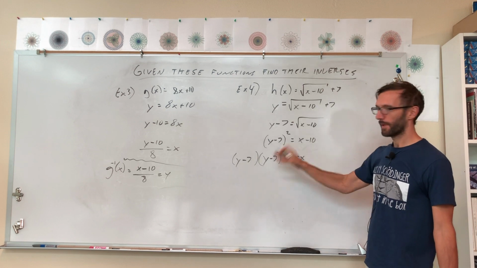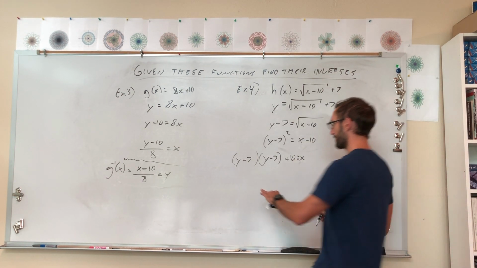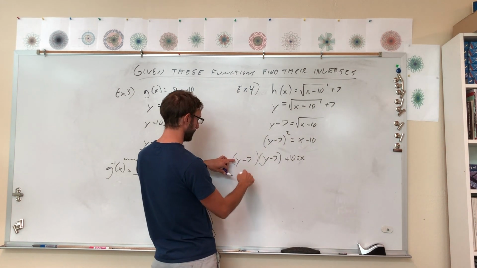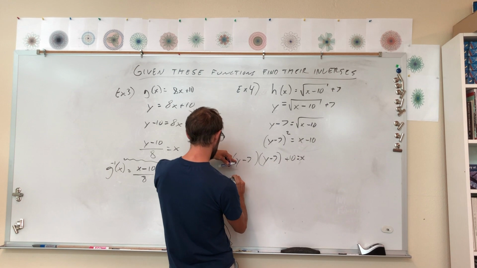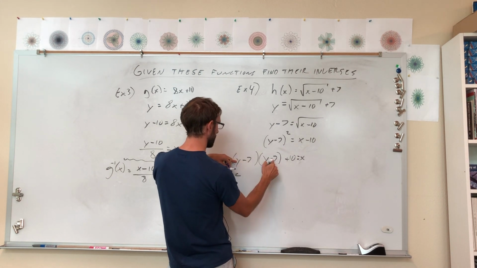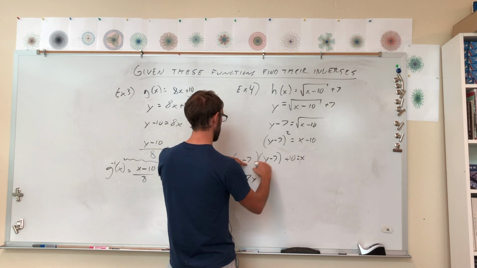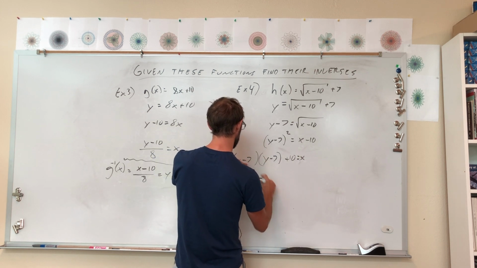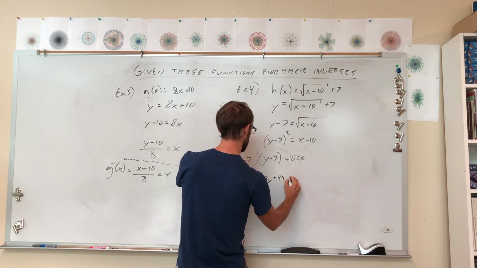That's what we want. But let's go ahead and multiply these out. I'm going to multiply these together, multiply each term in the binomial by the other term. So y times y is y squared, y times negative 7 is negative 7y. Negative 7 times y is negative 7y. Negative 7 times negative 7 is positive 49.